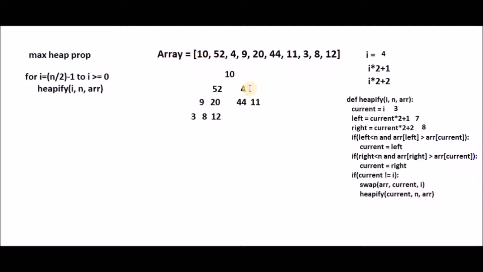So now what I do is I decrement i to 2. So 0, 1, 2. So i becomes 2 now. Actually this was 3, but now it becomes 2.